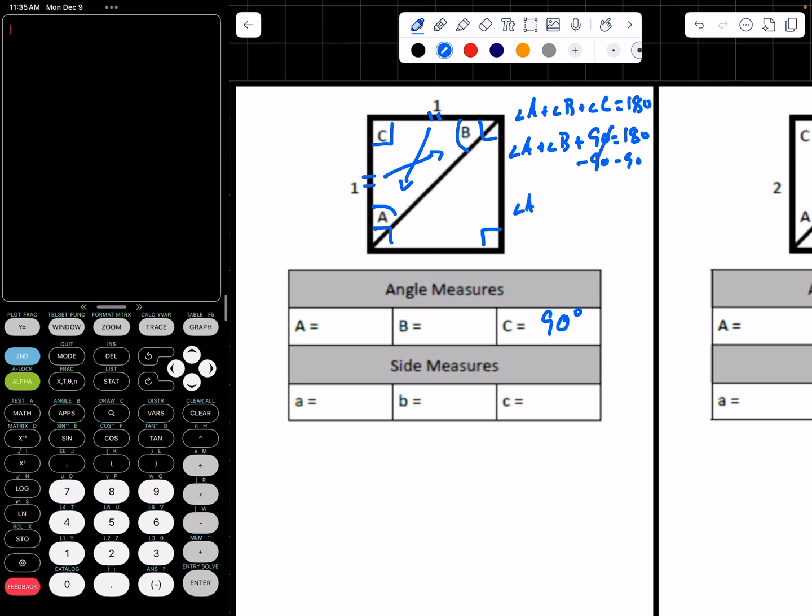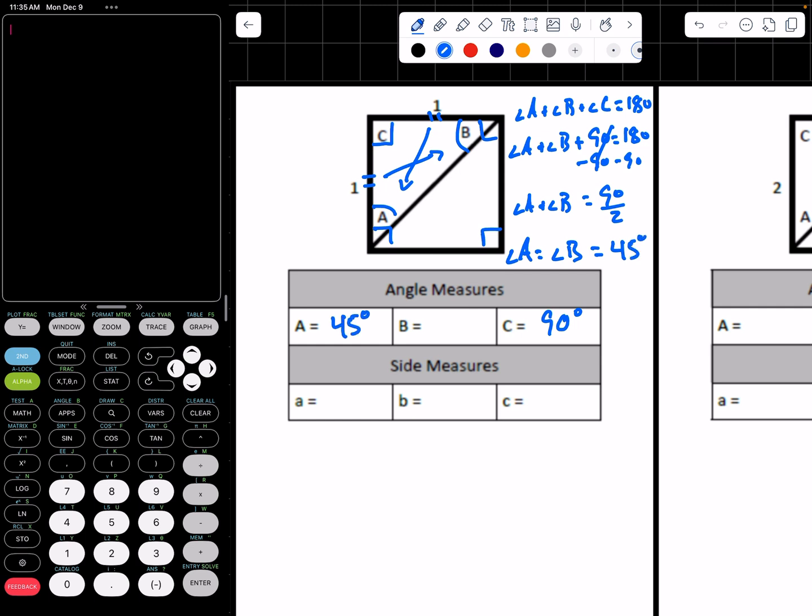So angle A plus angle B equals 90 degrees. And because I know angle A and angle B are congruent, I can just divide this by 2. So angle A equals angle B, which equals 45 degrees.